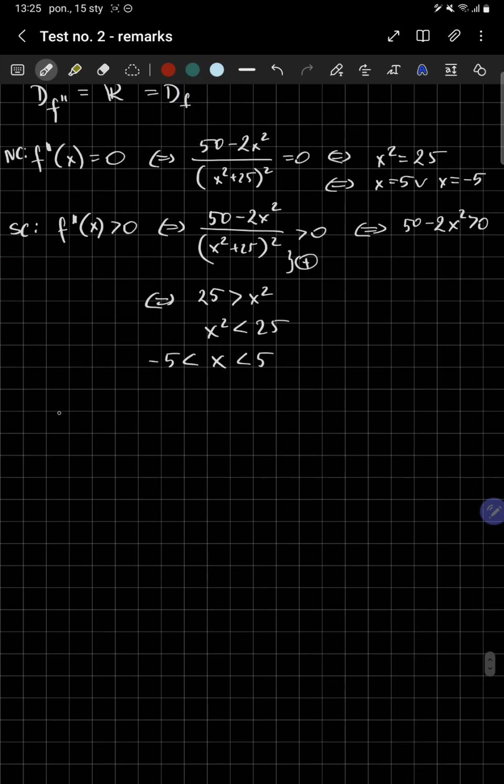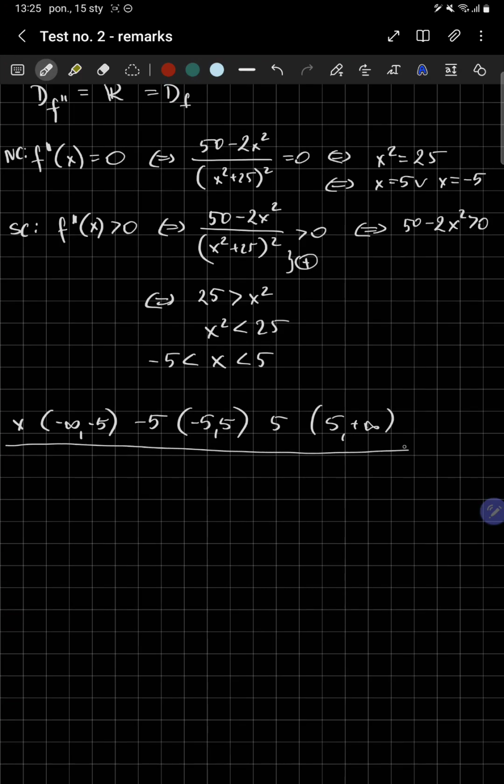Okay, so the situation is the following. We have 2 points, minus 5 and 5. So the table to consider the signs would be more or less the following. Now let's write the signs for the second derivative. The second derivative, as we investigated, between minus 5 and 5 is positive. It is 0 at those 2 points and negative on the sides.